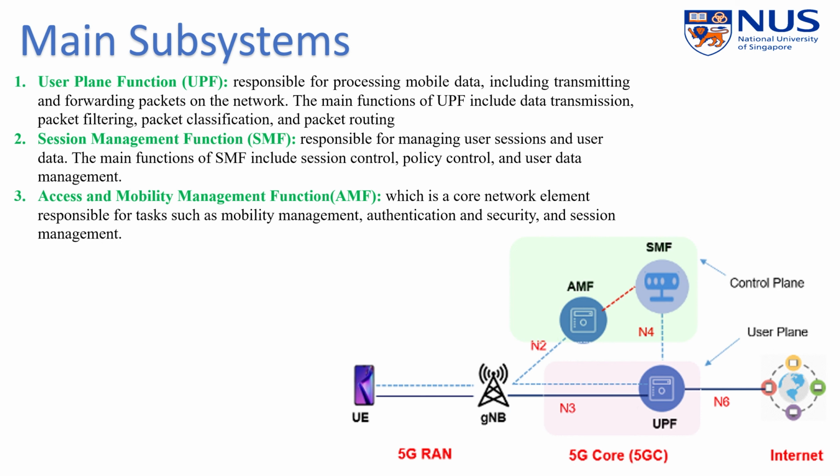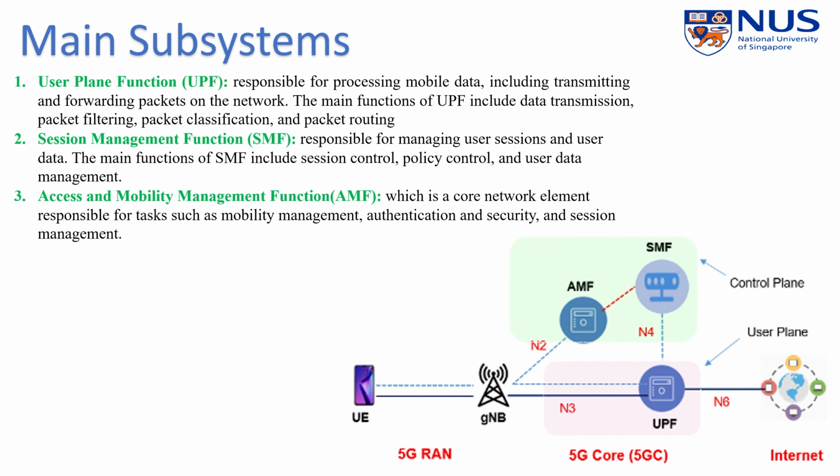The core network architecture of 5G adopts a flexible, service-oriented modular design, and the core network is divided into several main subsystems. Here, I will introduce three subsystems. The first one, the user plane function, which is responsible for processing the mobile data, including transmitting and forwarding packets on the network.